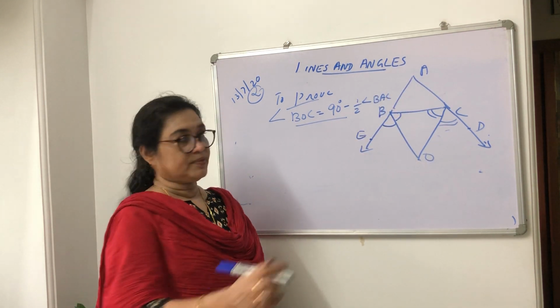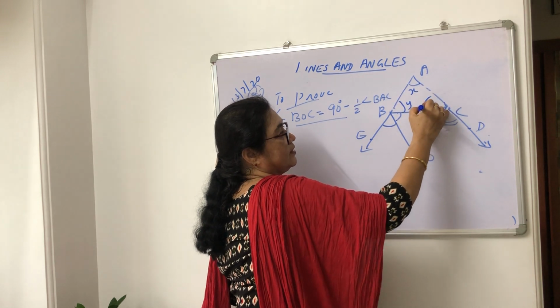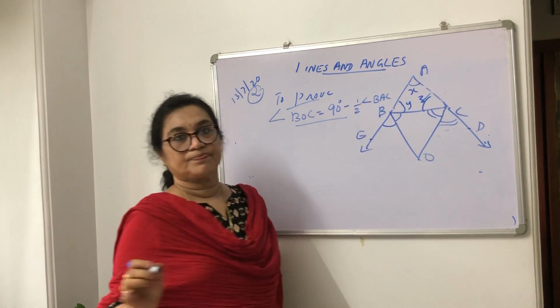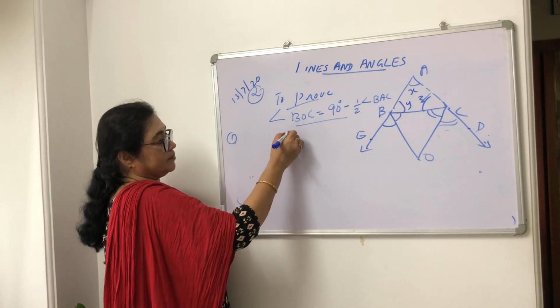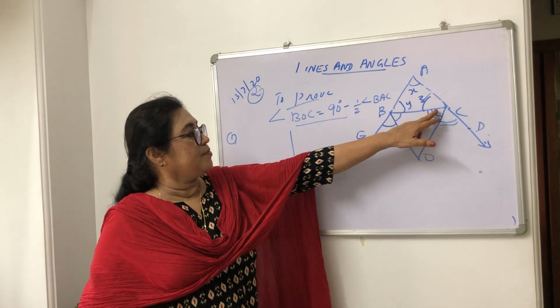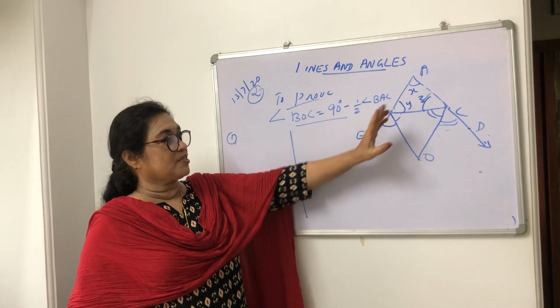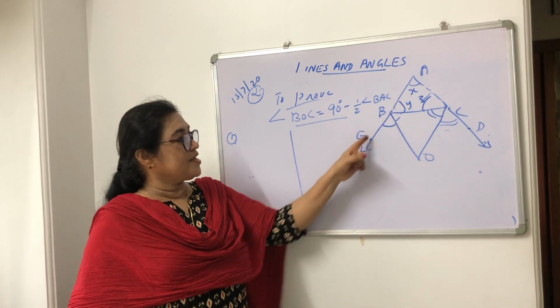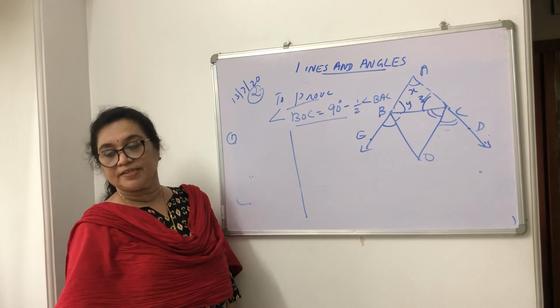I am taking this angle as X, this angle as Y and this angle as Z. First point: angle ABC, that is Y, plus angle CBE is equal to 180 degrees. Why is it 180 degrees?